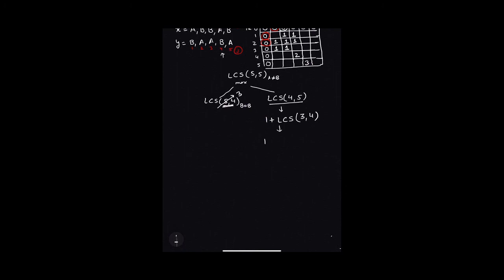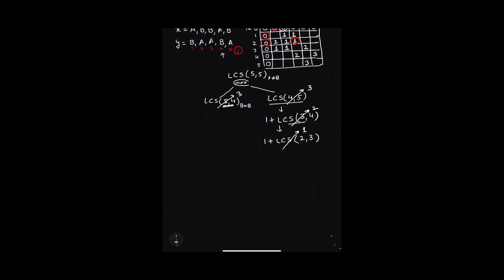So I can say this as 1 plus LCS of 2, comma 3. Now you can see that I already have a value of 2, comma 3 over here as 1. I'm going to put it directly over here. So the value of LCS 3, comma 4 becomes 2. The value of 4, comma 5 becomes 3.